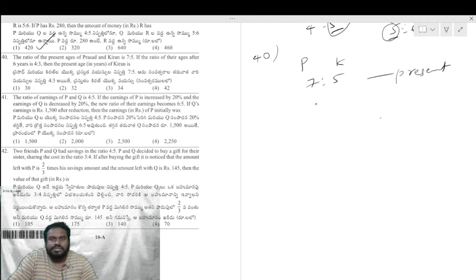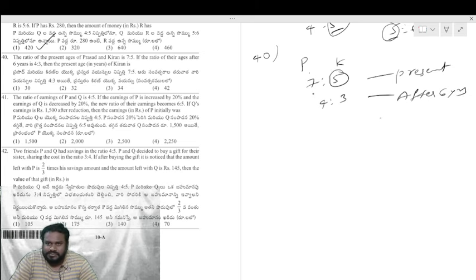The ratio of their ages after 6 years is 4 is to 3. Then the present age of Kiran, asking about 5.